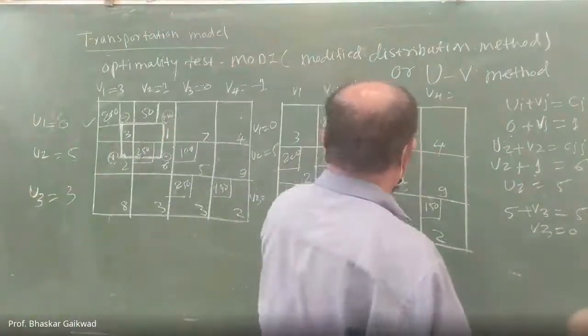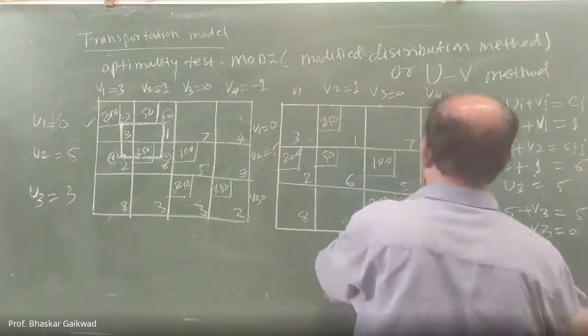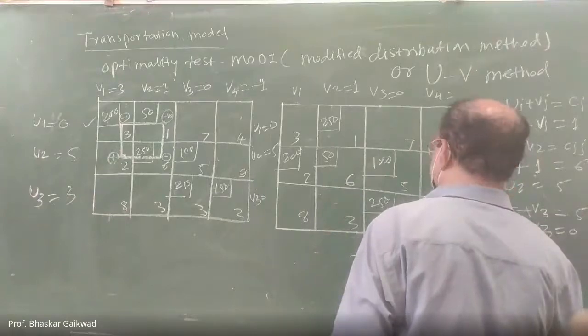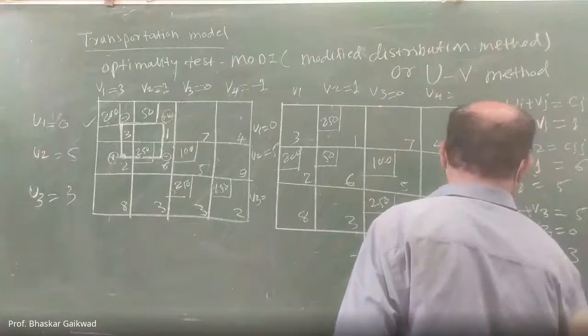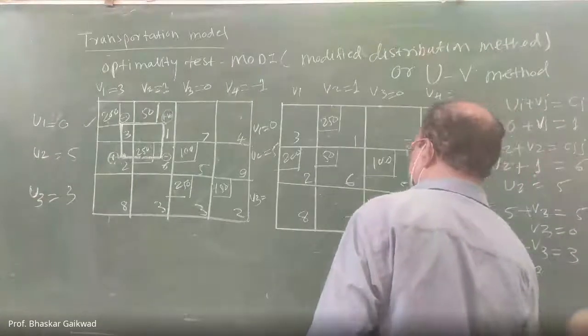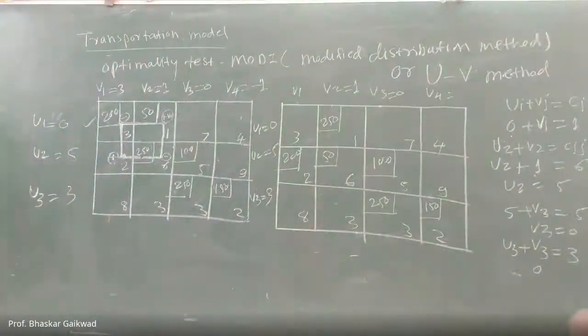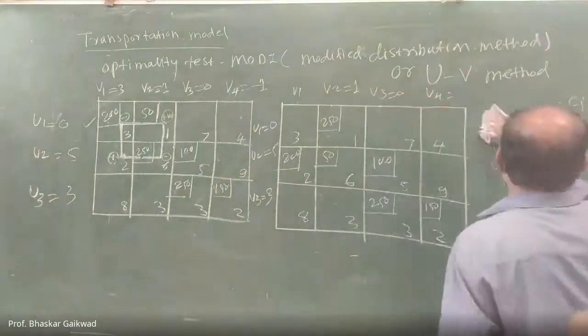Then this cell is allocated: U3 plus V3 is equal to 3. So V3 is 0, U3 is 3. Okay. Now we have to calculate the penalty.